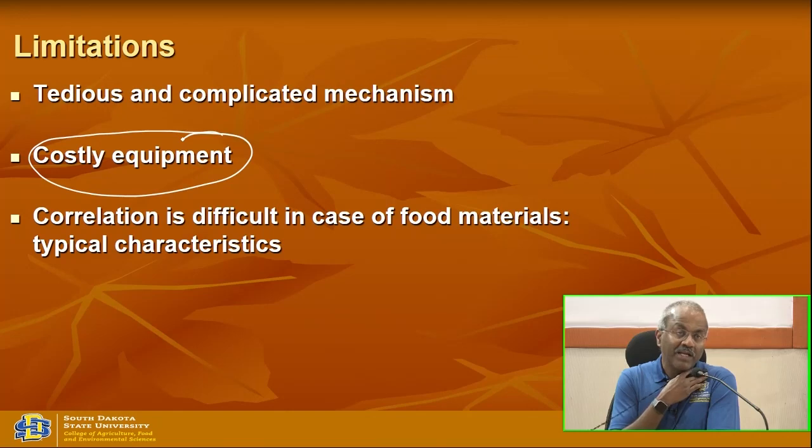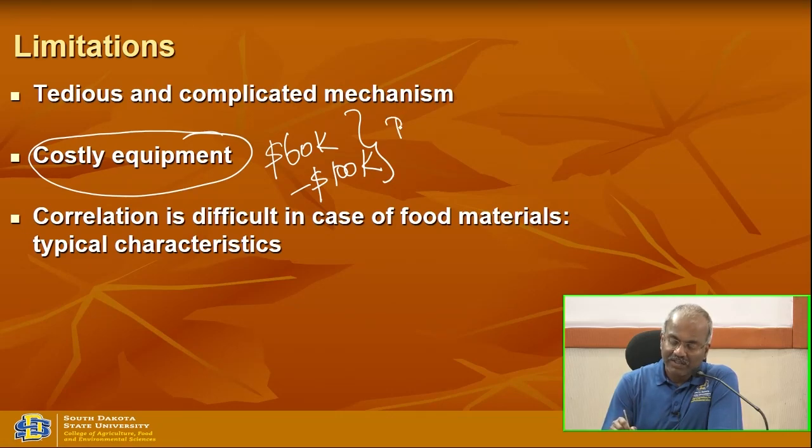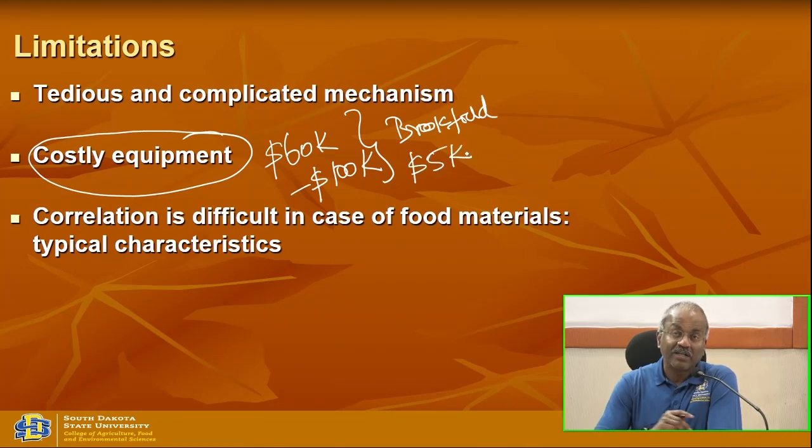Typically, it runs for anywhere between 60,000 to $100,000, 60K to 100K. Compared to a Brookfield viscometer, probably I can get it for 5K instead of 60K or 100K.